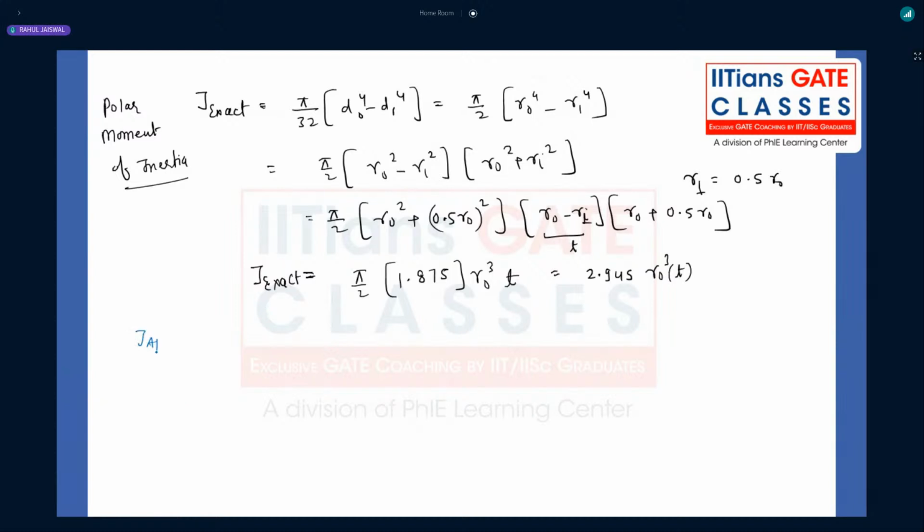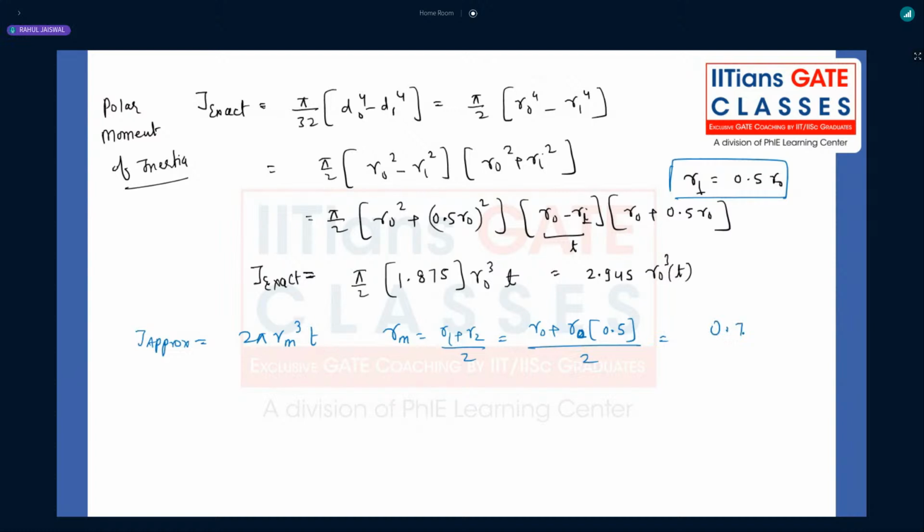What is the J approx? 2 pi rm cube into t. What is the rm? That is the mean radius, R1 plus R2 by 2. So here we can write R0 plus R1, where R1, the inner radius, will be 0.5 times R0, divided by 2.